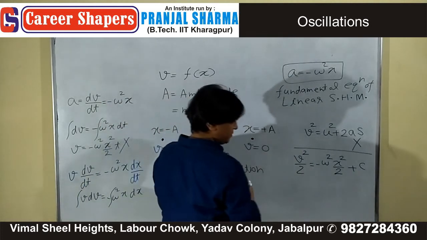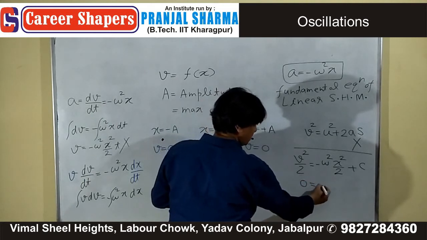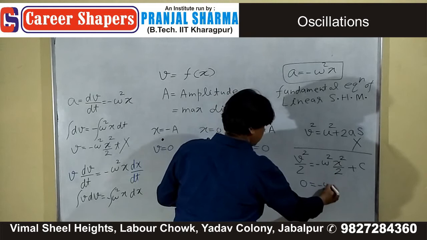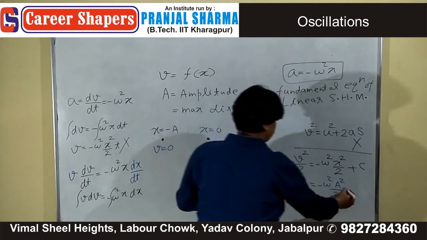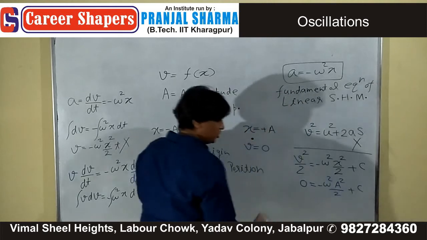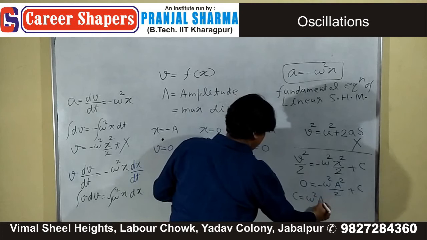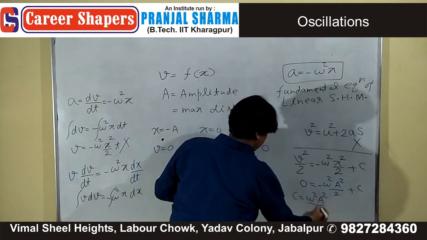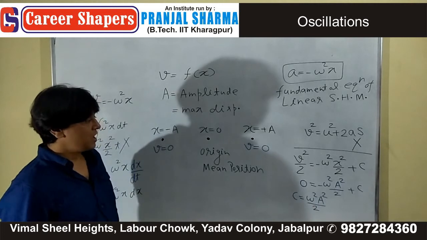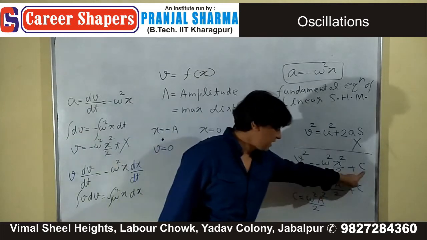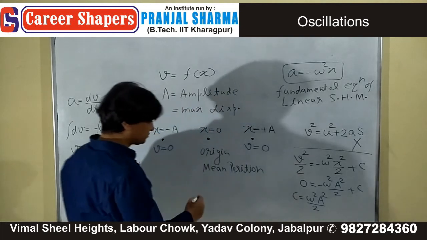When you put it, and you found the value of c. We have found the value of c, which is coming omega square a square by 2. And this c is this. Put it back in this equation.